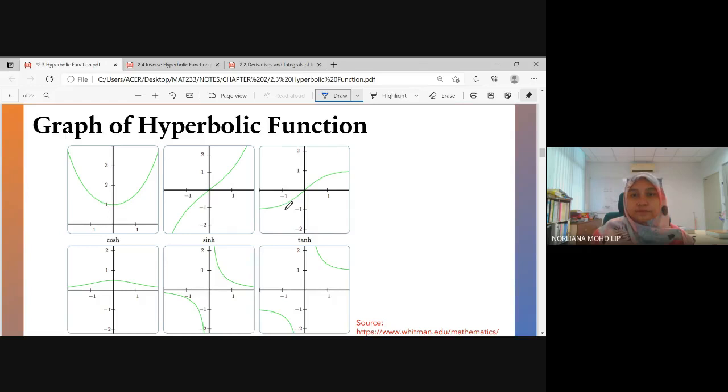Okay, and then the hyperbolic tangent. The domain is from negative infinity until positive infinity, and the range is from negative 1 until positive 1.